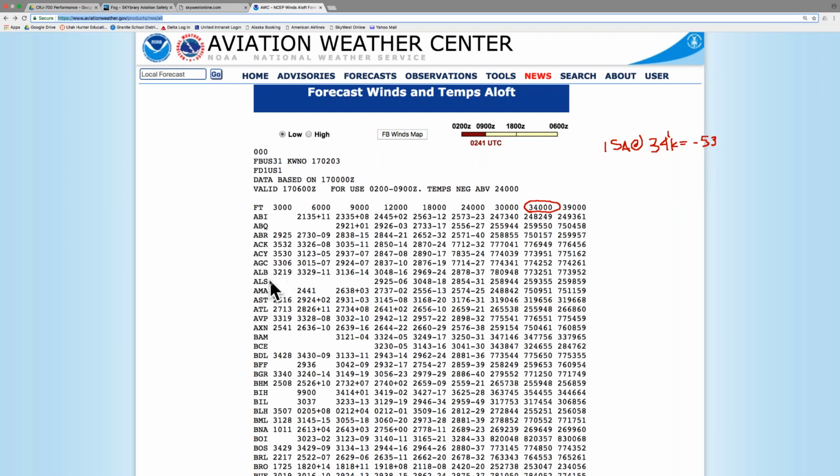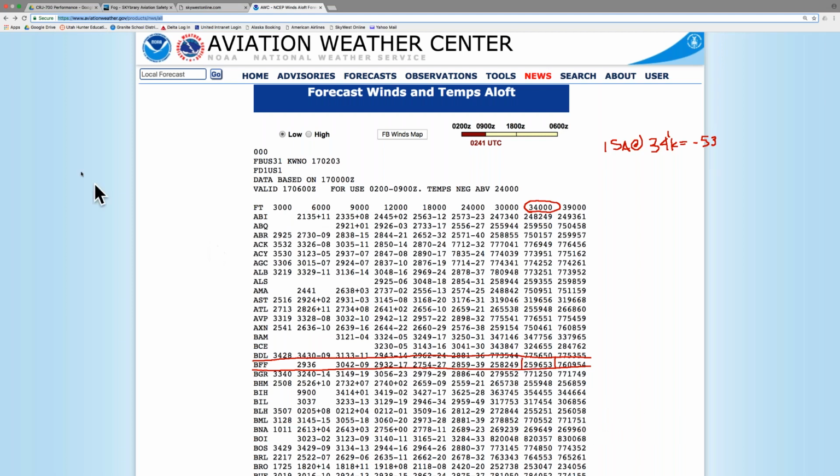We're going to go down to Scottsbluff. Here we go. This is the line that we're going to read from. When we fly over Scottsbluff at 34,000 feet, this is what the winds and temperature are doing.